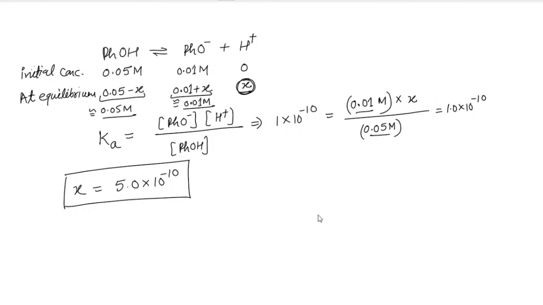What is the initial concentration of phenol? 0.05. Out of 0.05, this much amount is dissociated.